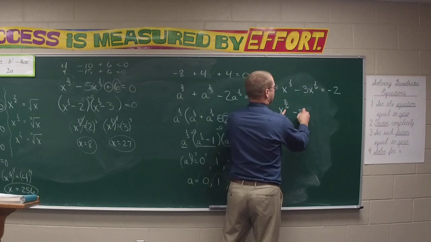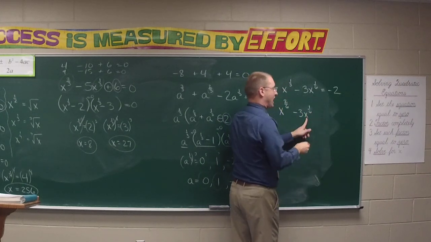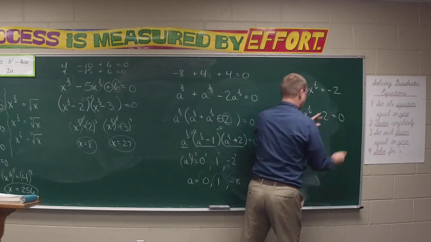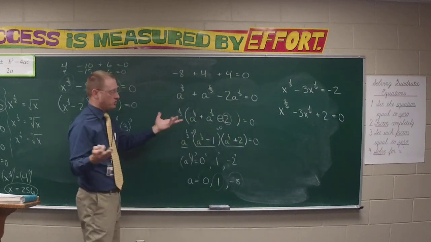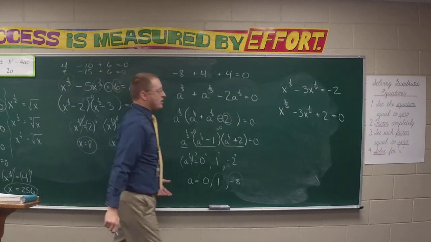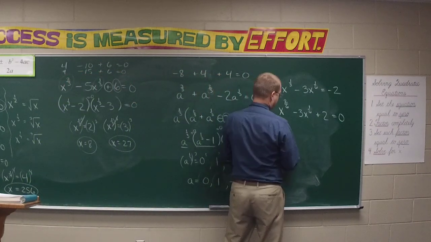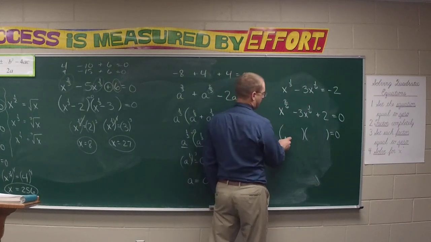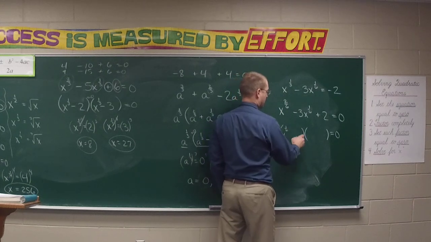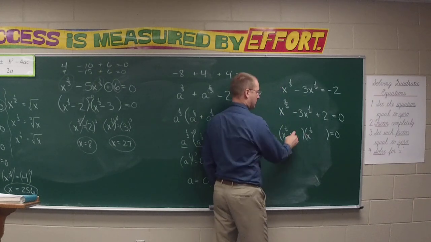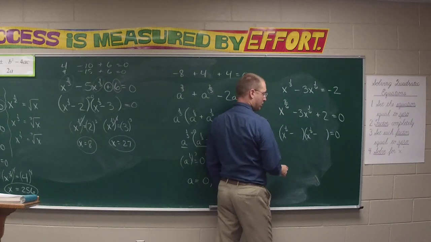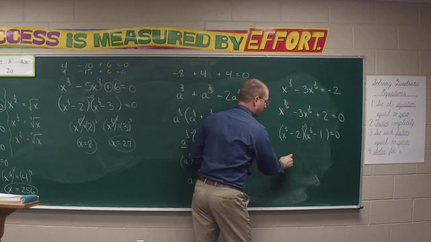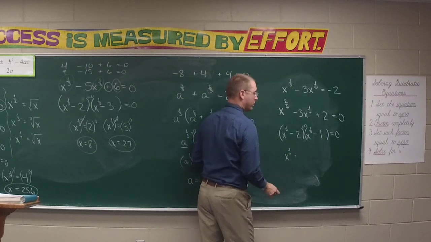So I've got 2/6, 1/6, and then let's bring over the negative 2, gone equals 0, right? 2/6, 1/6, gone equals 0. So far, so good? And then we factor, right? And when we factor, what do we get? x to the 1/6 and x to the 1/6. Negative, negative. 2 and 1. All right, and then we're going to set each of these equal to 0 to get 2 little equations. x to the 1/6 is equal to both 2 and 1.